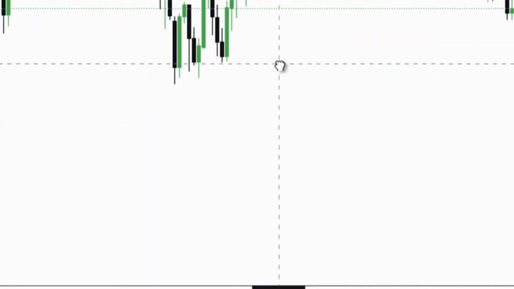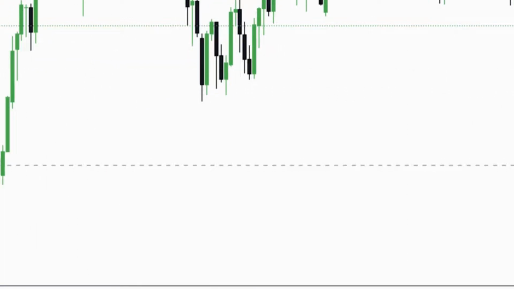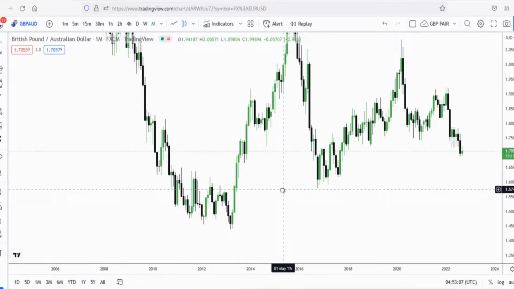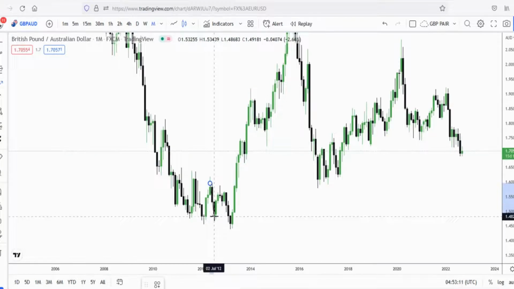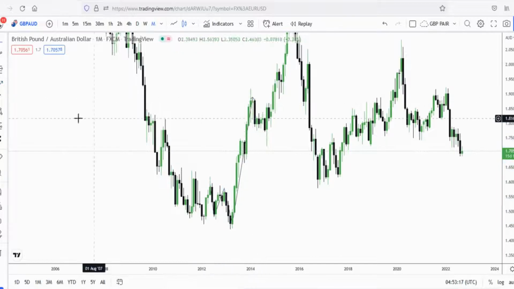Okay guys, this is pound AUD. This is what we have here in the monthly. We have another one here. Nice. And then we had a push to the upside, a break to the upside, and now we have this here.